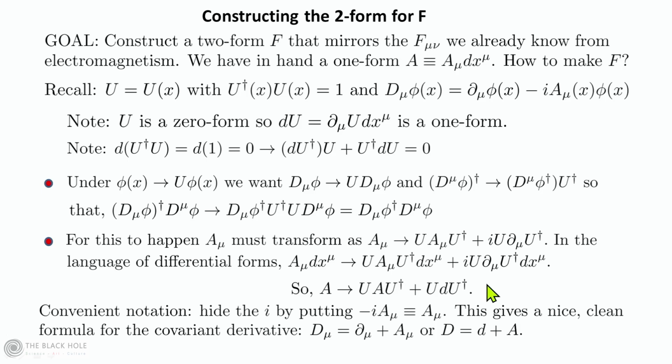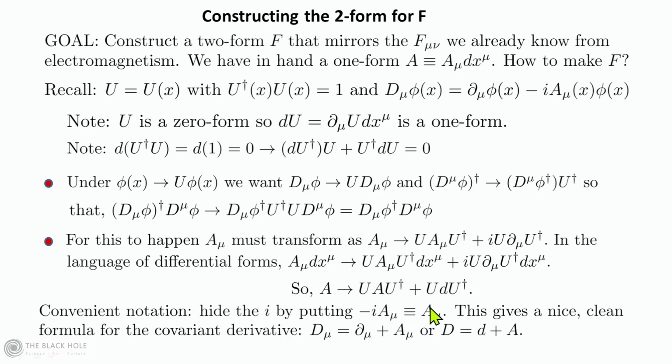Now you see there was an i over here, iota. And the way it is done, people like Polyakov and Witten and all these people, what they do is they define a new gauge potential, A mu. They hide the i by putting it in the new A mu.